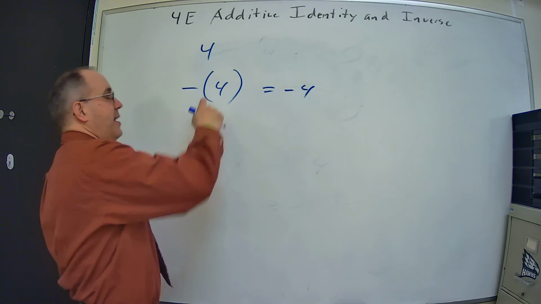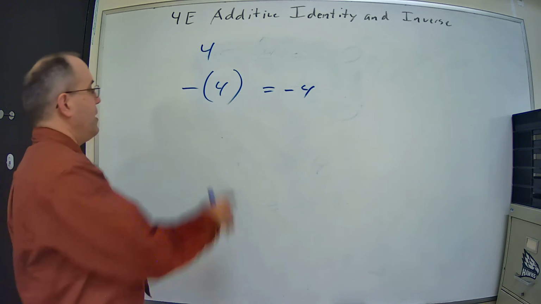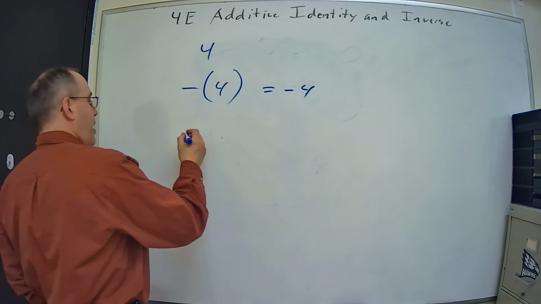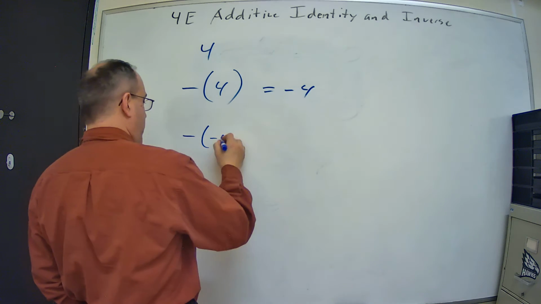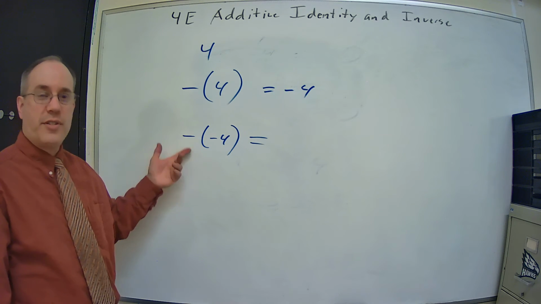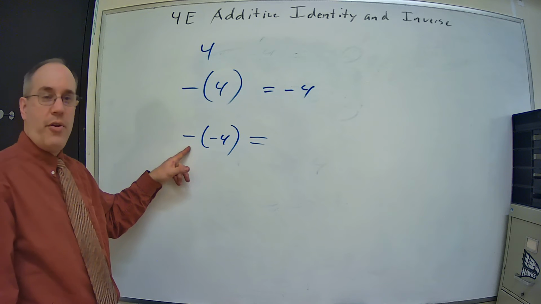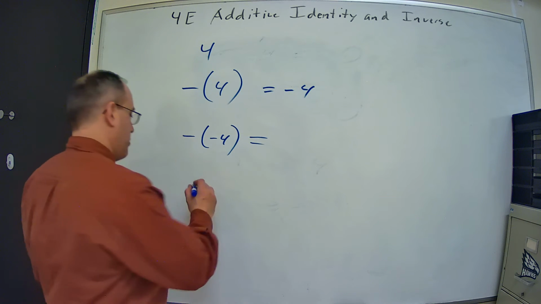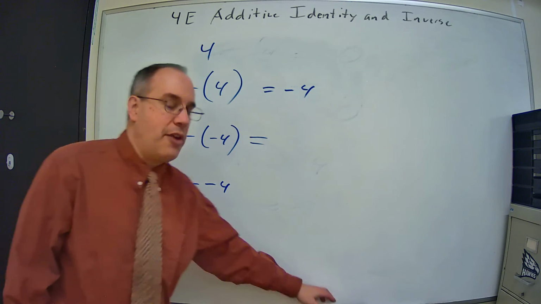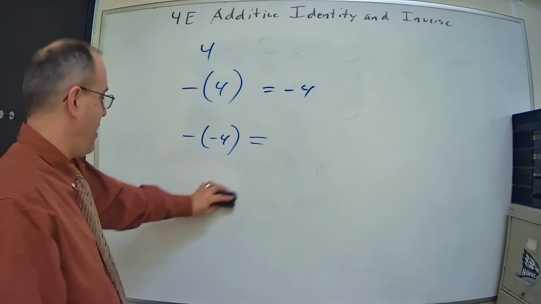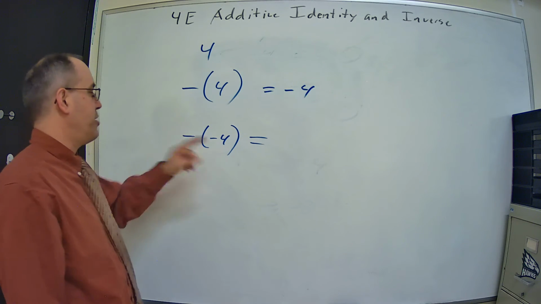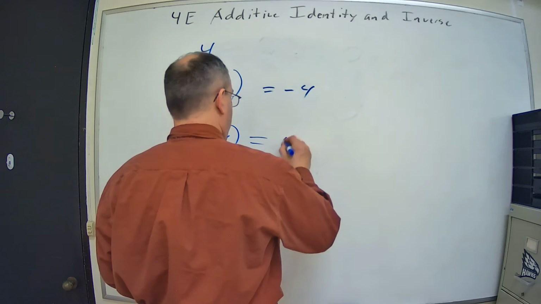That's negating what's inside. Why is it important to realize that? What happens if we have the negation of negative 4? Notice now we have a negative in there and a negative out here. It would be very confusing to write it as negative negative 4. That just looks wrong. But the negation of negative 4 means we change the sign of what's inside, giving us positive 4.